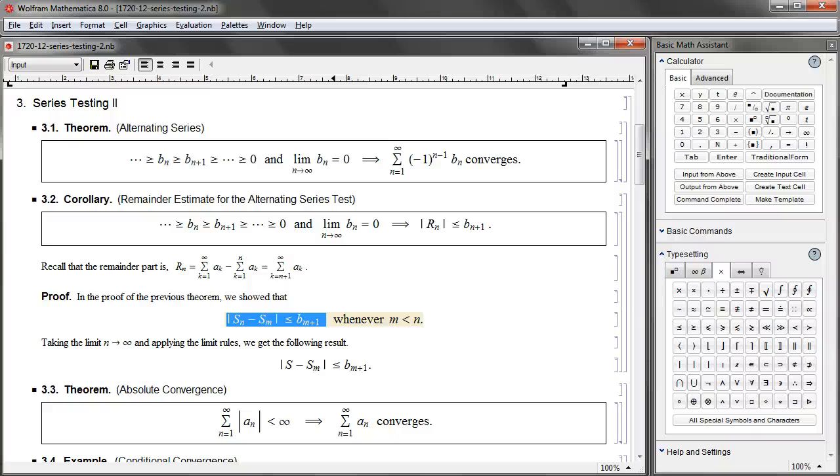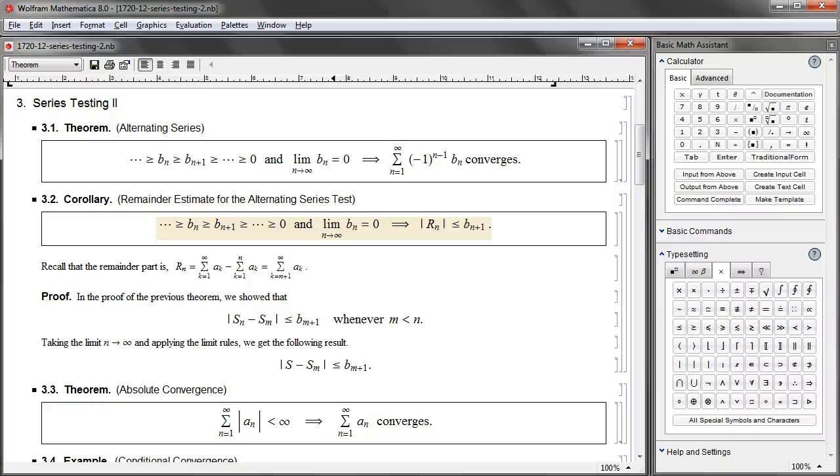So take the limit, and S_n goes to s, and the right-hand side is just an upper bound, so it stays there. By the limit rule, this one is constant and the upper bound stays there. So what do we have? The absolute value of s minus S_m is less than or equal to b_{m+1}. And that's precisely what the statement is all about, except that I changed m to n.